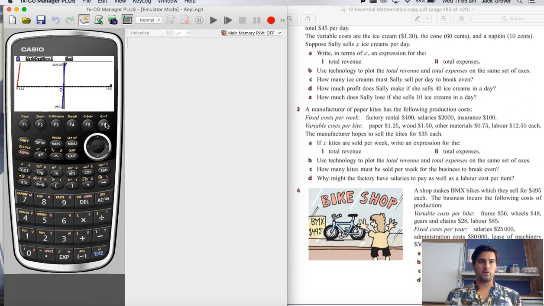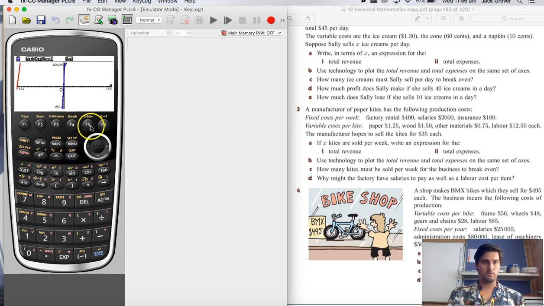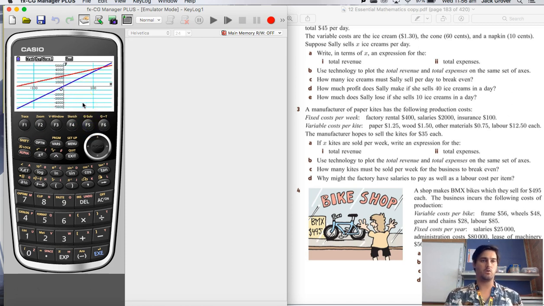Now that's not an ideal window. We can't see the intersect point, which is really what we're about. So you can do this one of two ways. We can go to View Window and click Square, actually no, that's not right. If we go Zoom Auto, that quite often automatically zooms us to a point where we can see the intersect point.